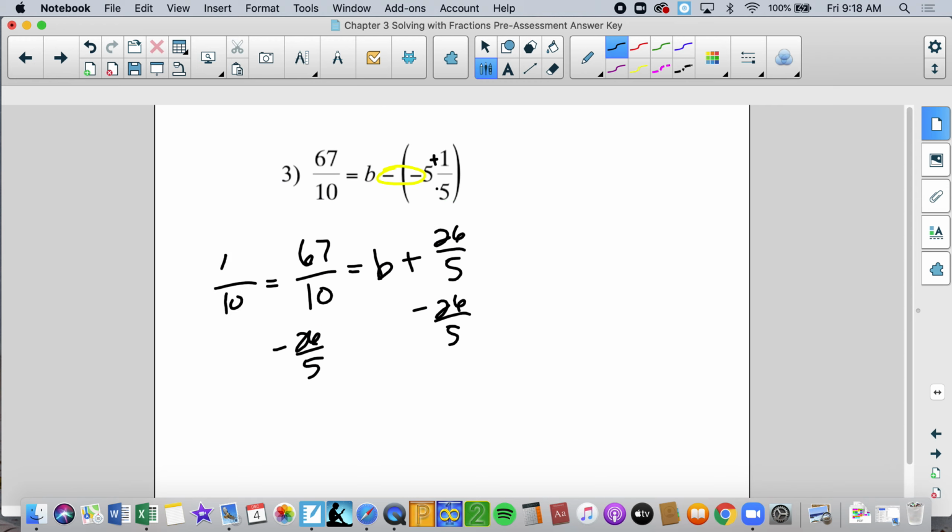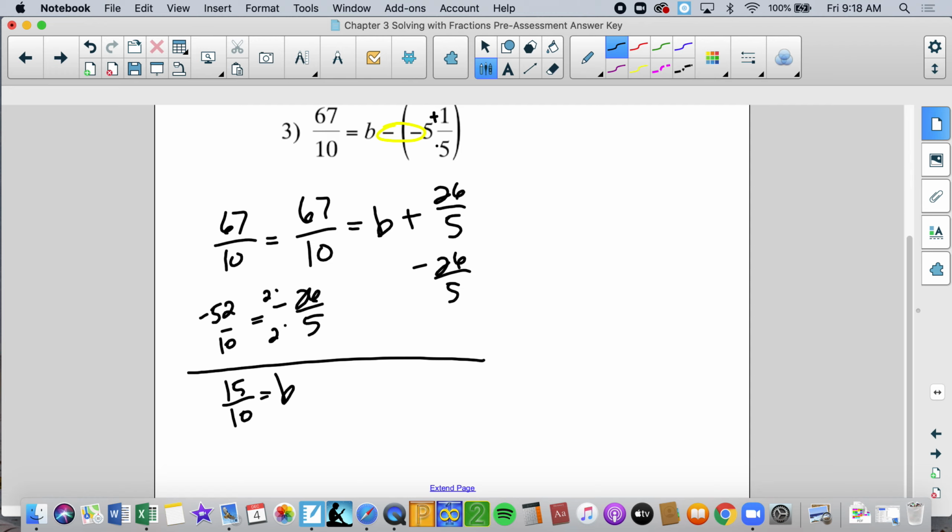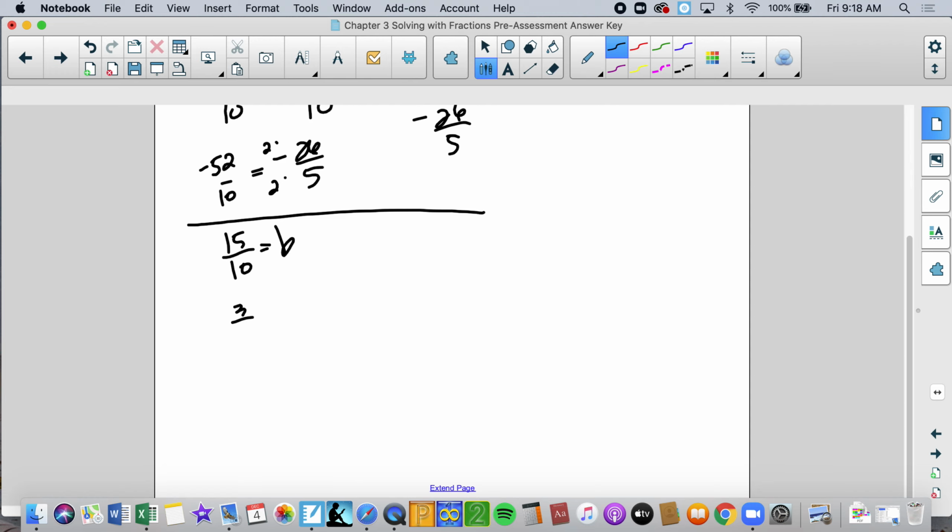Equivalency, 10, still 67/10. So we multiply 5 times 2 and -26 times 2, which is -52. -52 and +67 leaves me with 15/10 equals b. And that gives me 3/2 equals b.